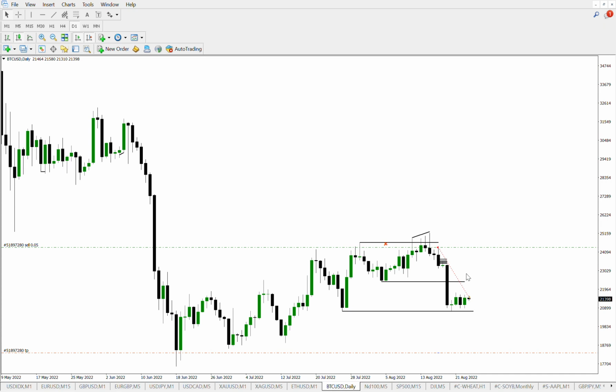We could spike up into this breaker here on the daily. Let me get rid of all this stuff, we don't need it anymore. So you see this down close candle before the up move. See how price was acting as support in here?